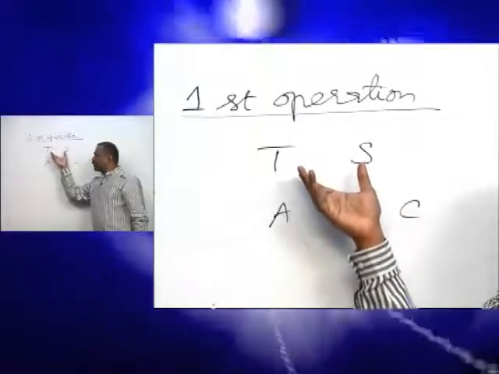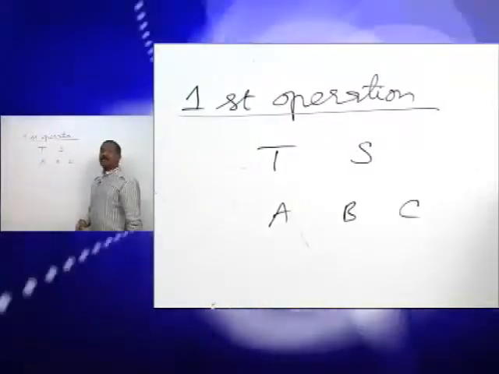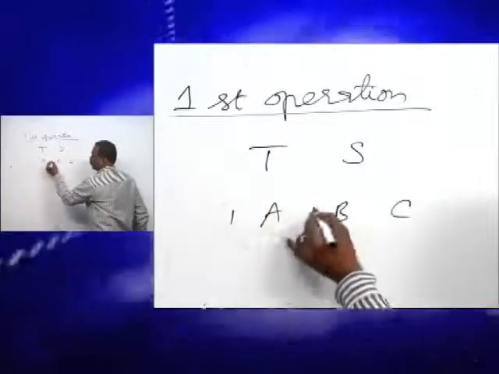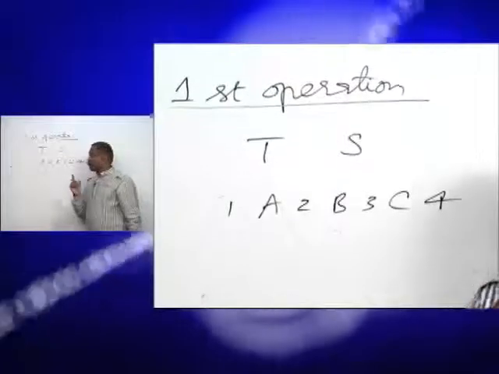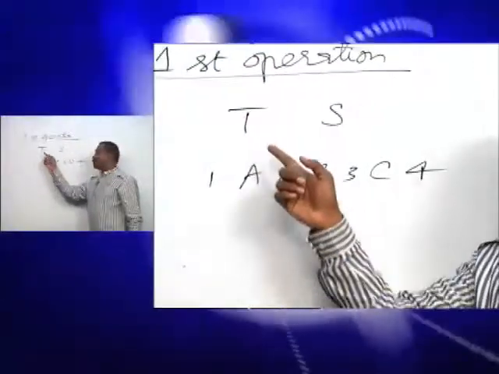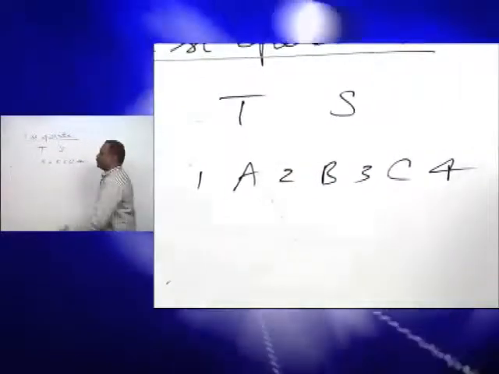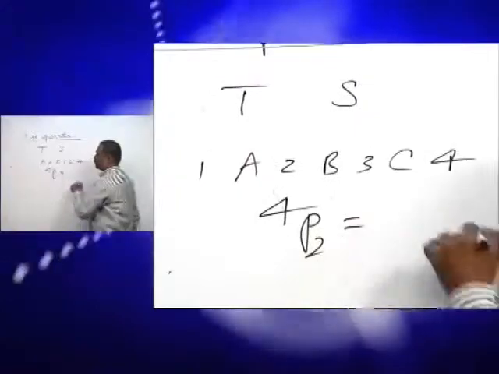They should not be adjacent to each other. So you have to count the number of places among the remaining 3 people. How many places will be there? 1, 2, 3, 4 will be there. In these 4 places, this tallest and shortest persons must be arranged. They can be arranged in how many different ways? 4P2 different ways.